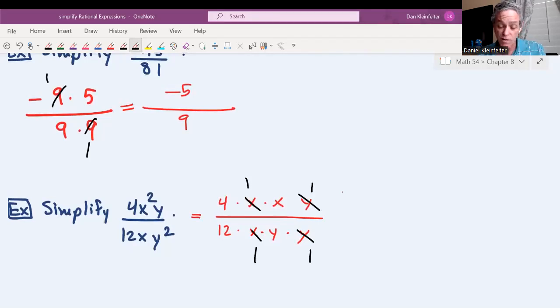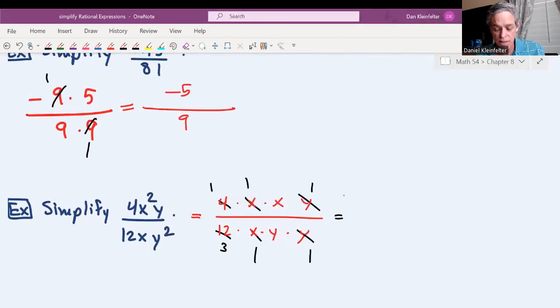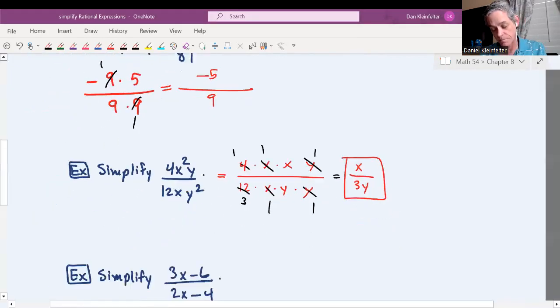And then 4 and 12 are both divisible by 4. 12 divided by 4 leaves a 3. Okay, multiplying across what's left, 1 times x times 1 will give us an x in the numerator. Down below, we'll have 3 times 1 times y times 1, and that will be 3y. Okay, so we divided out all of the common factors.